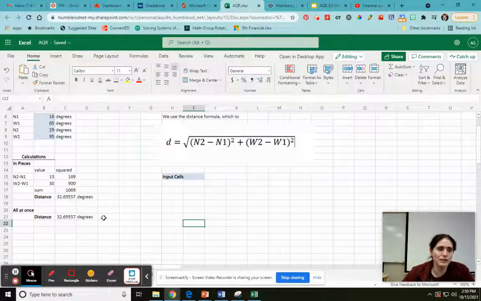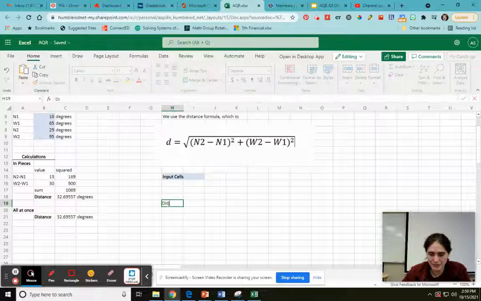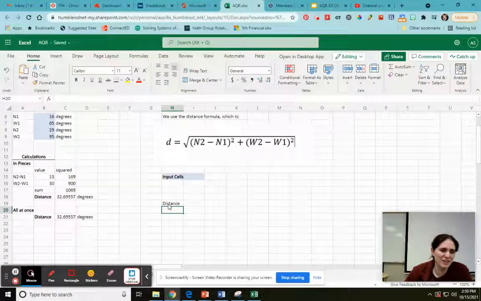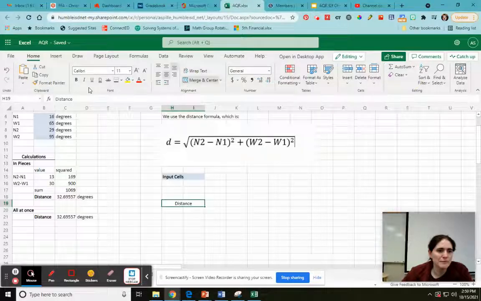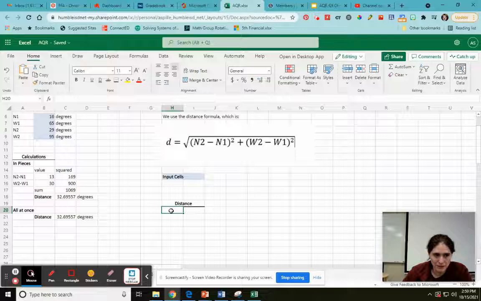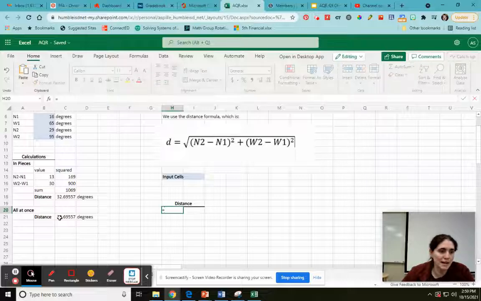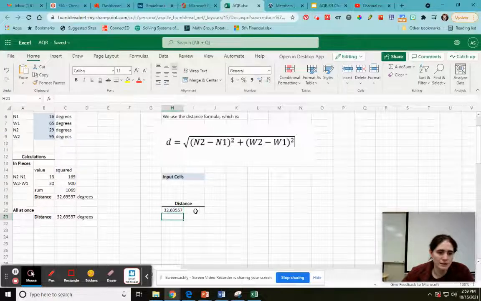Now, if I were going to actually put this in, like if I was given an answer, I would say distance, and I would probably merge and center, make this bold, maybe even bigger. And I would put equals, and I would refer back to that. Put here degrees.